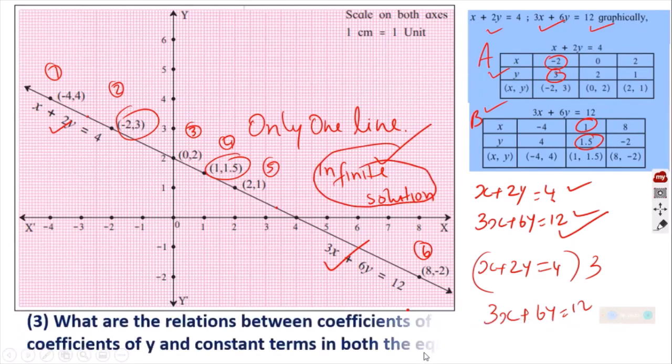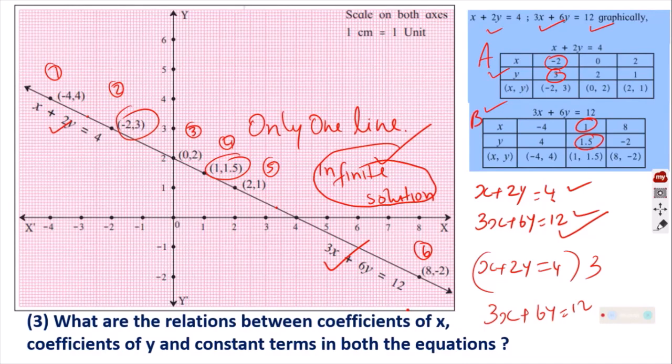What is the next question? What are the relationships between the coefficient of x, the coefficient of y, and the constant terms in both equations? Consider the coefficient of x.